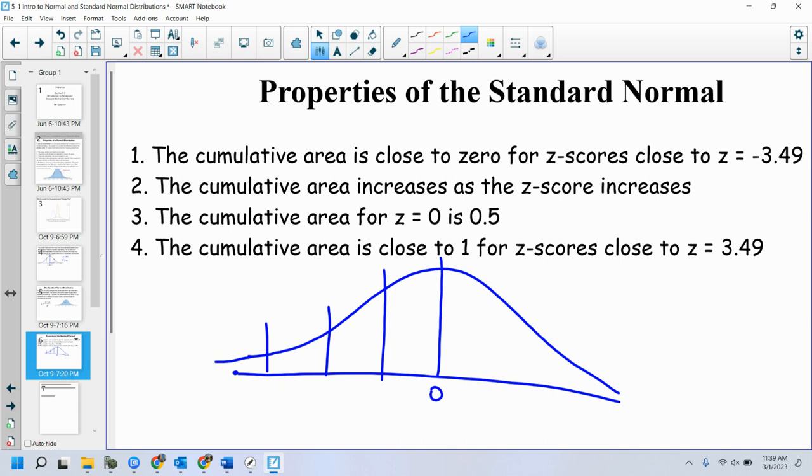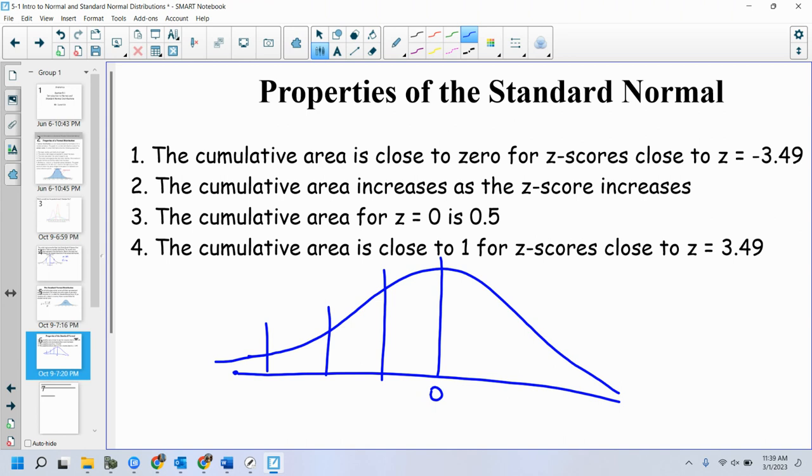If you go 3.49, they're saying, okay, 3.49 is far enough left on the standard normal distribution that you can say the area is negligible. The cumulative area is close to 0 for z-scores close to negative 3.49. You can say the probability of that thing happening is close to 0.